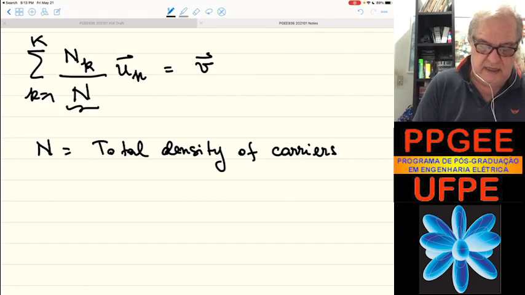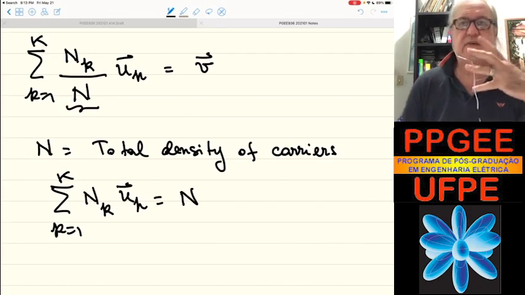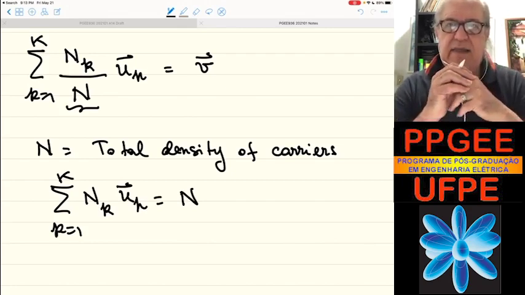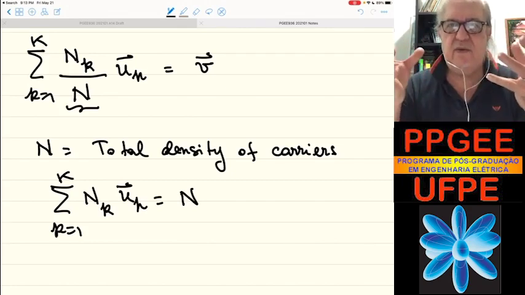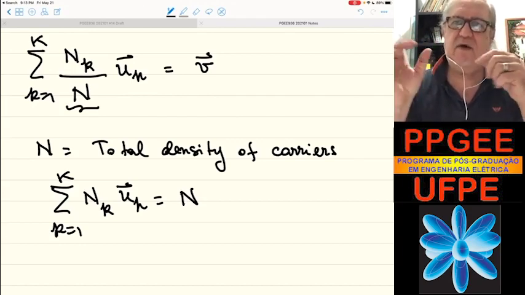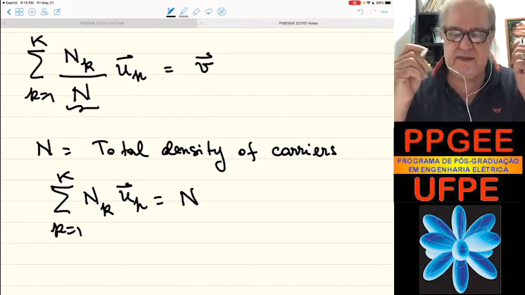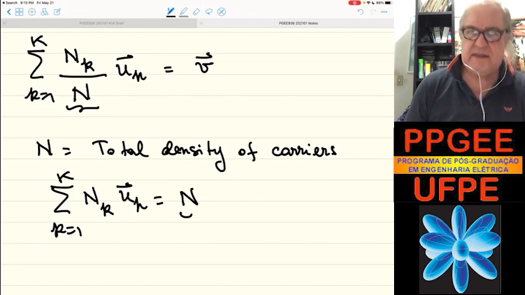So, in other words, the summation of nk times uk is simply n times v, where n is the total density, which is something more tangible to evaluate, right? At a given temperature, you know approximately how many free carriers per unit volume you have in a solid. So this one is more tangible, more measurable than this one that is individual.